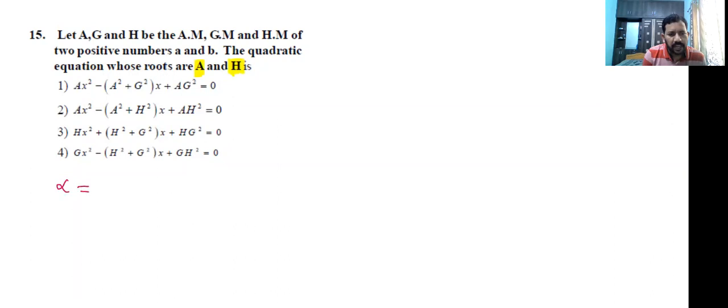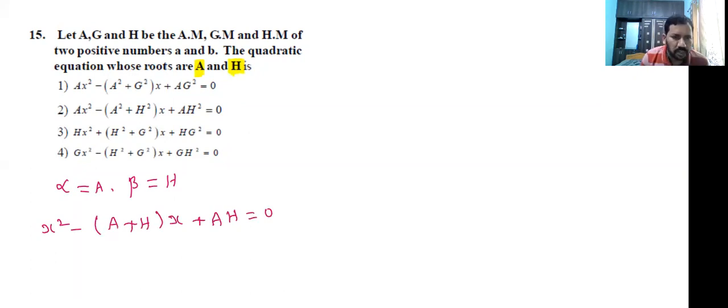Suppose alpha value is A, beta value H. Form the quadratic equation x square minus sum of the roots into x plus product of the roots is equal to 0. This is the answer. But see the options. There is no option of this type of answer.